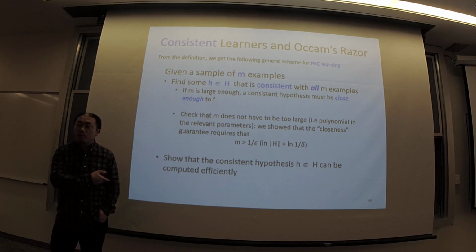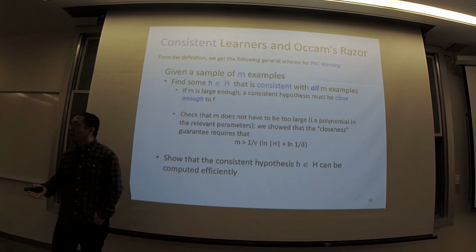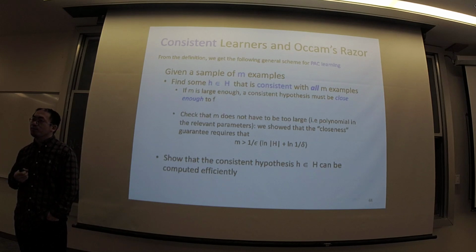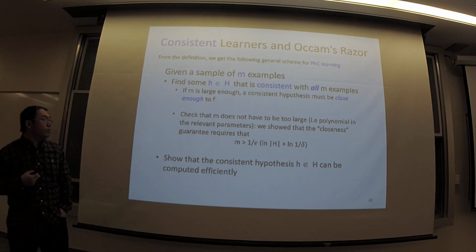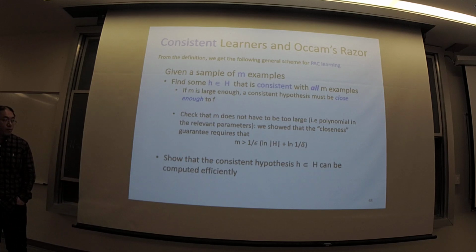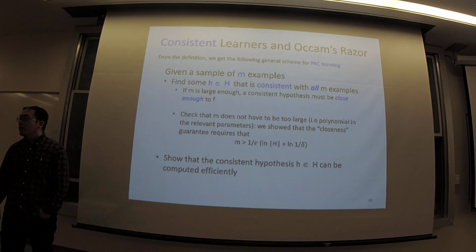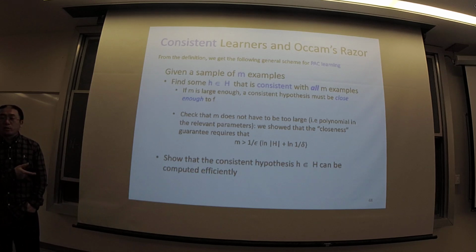For this term, and this term is even sub-polynomial, even better than polynomial. But you need to check whether M is polynomial in the feature dimension, the input features. And finally, if you want to show it is efficiently PAC learnable, you also have to see whether the time complexity is polynomial in the four numbers we mentioned before.